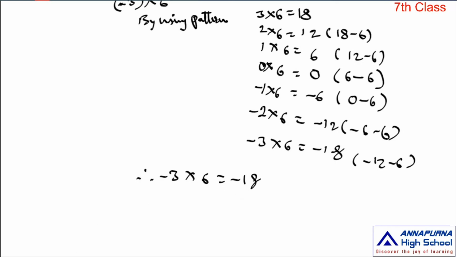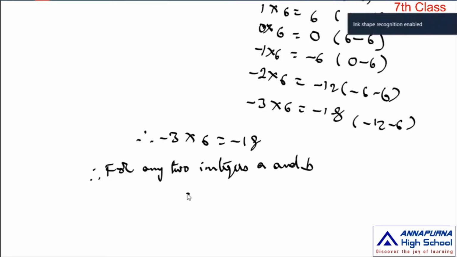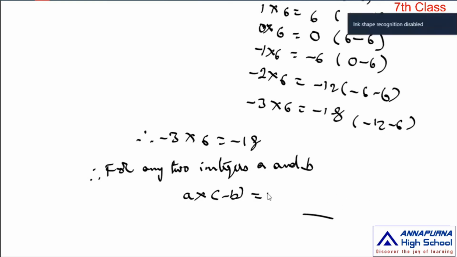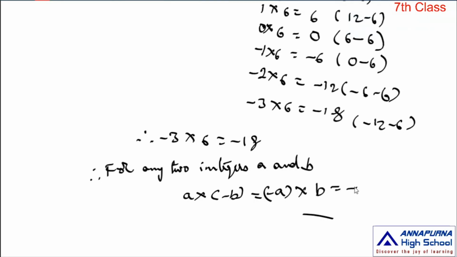That means for any two integers A and B, A into minus B is equal to minus A into B, which is equal to minus of A into B.